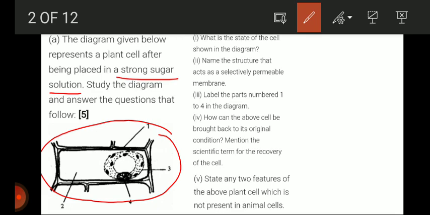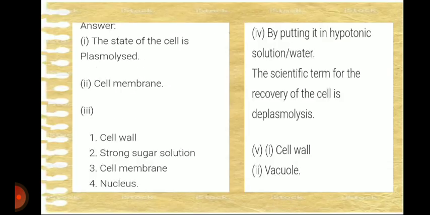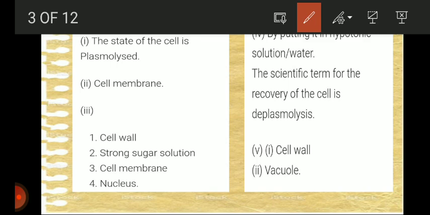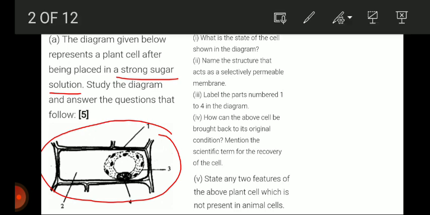First question is, what is the state of the cell shown in the diagram? So first you have to tell the state of the cell that is shown in the diagram. The state of the cell is plasmolysed. Now what happens when a plant cell is placed in a strong sugar solution?